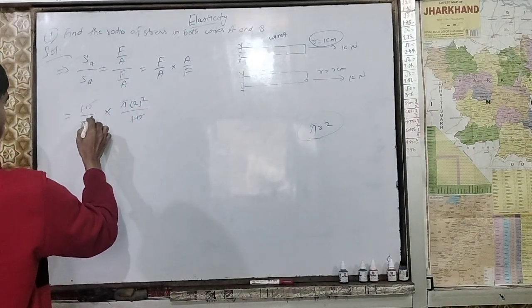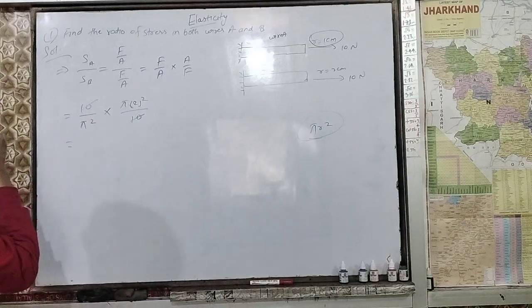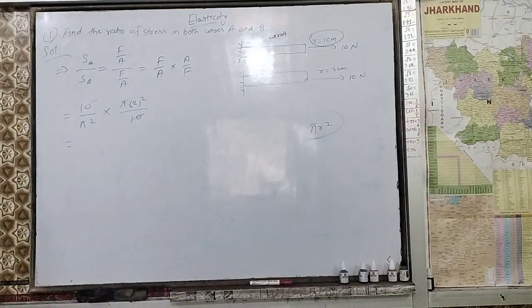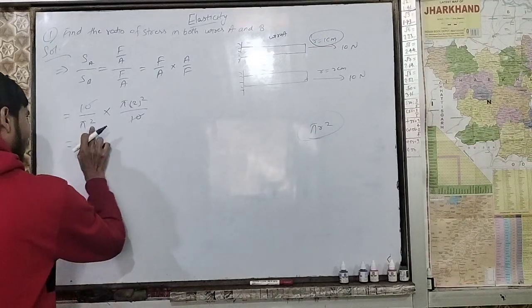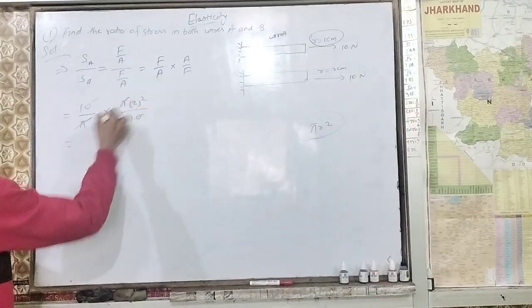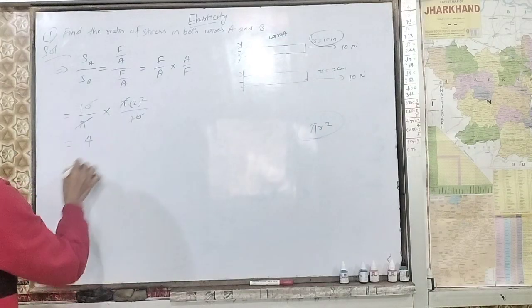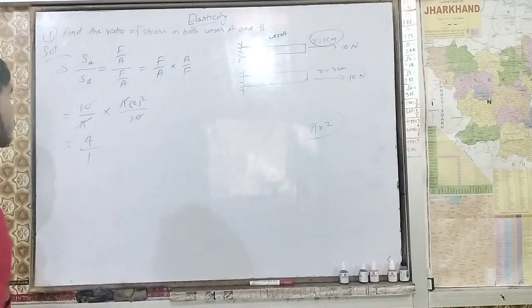This will cancel each other. See over here, this square was with 1. Pi will cancel each other. So finally we have 4 upon 1, you can say.